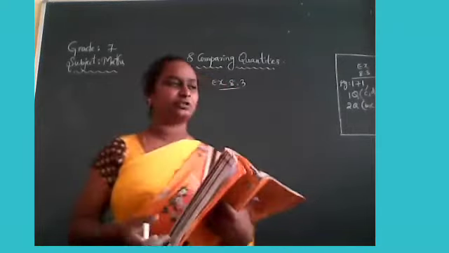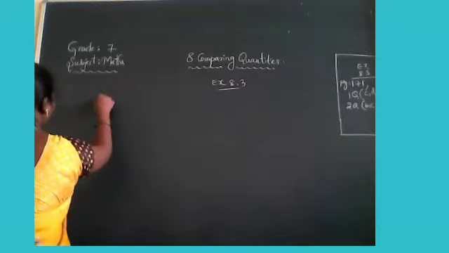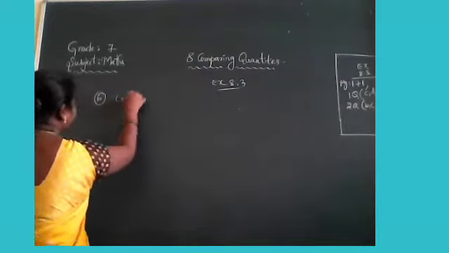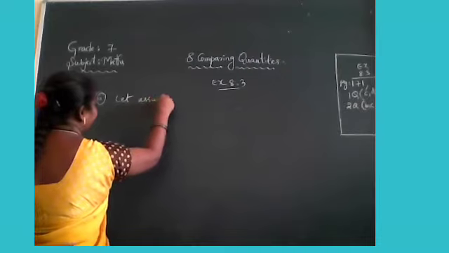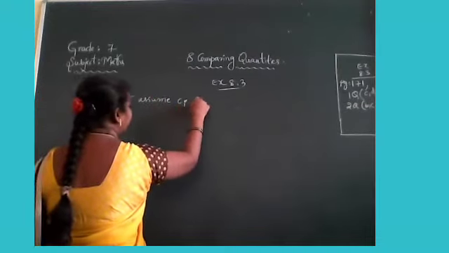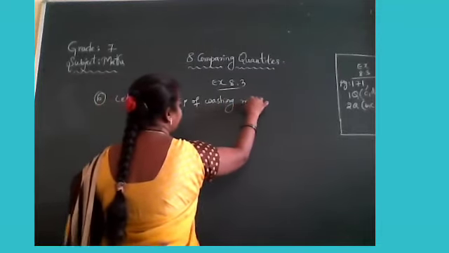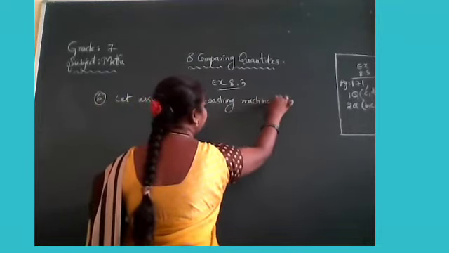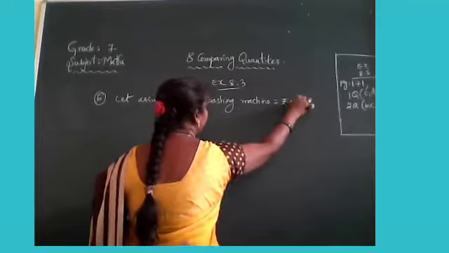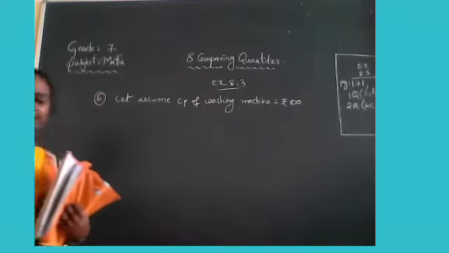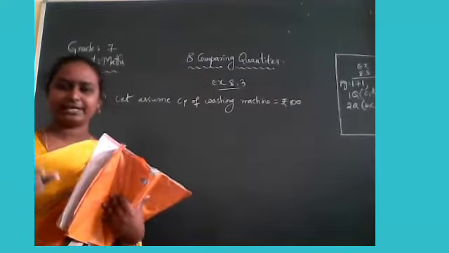So let us assume the cost price of the washing machine. Let's assume the cost price of the washing machine is 100 rupees. Suppose the cost price is 100 rupees.